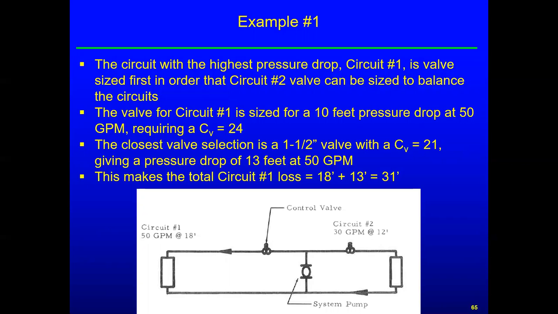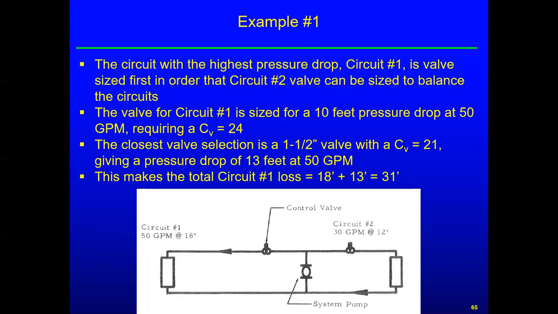To do that, I take my 50 GPM and divide by 21. I get 2.38, and now I'm going to have to square this, and that's 5.669.